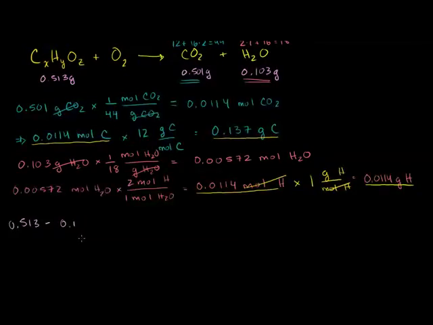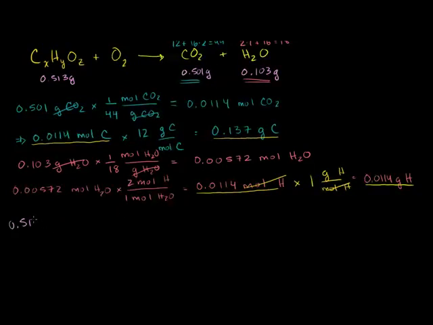Let me do it in that same color so you know where I'm getting these numbers from. Minus our grams of carbon, 0.137 grams of carbon, minus, I'll do it in the same orange color, where's our grams of hydrogen? Minus 0.011.